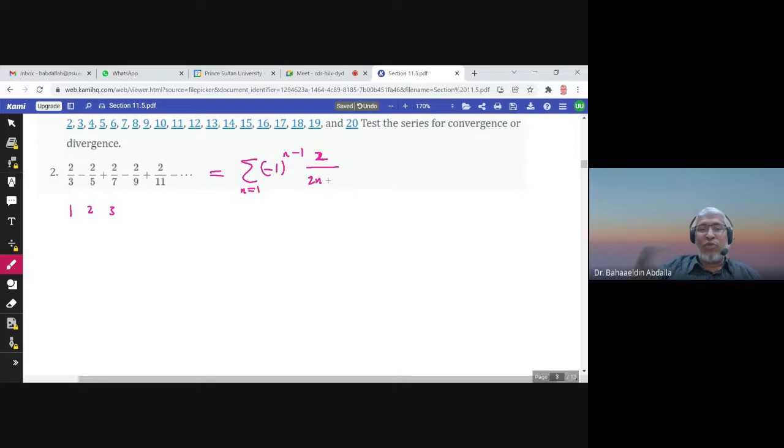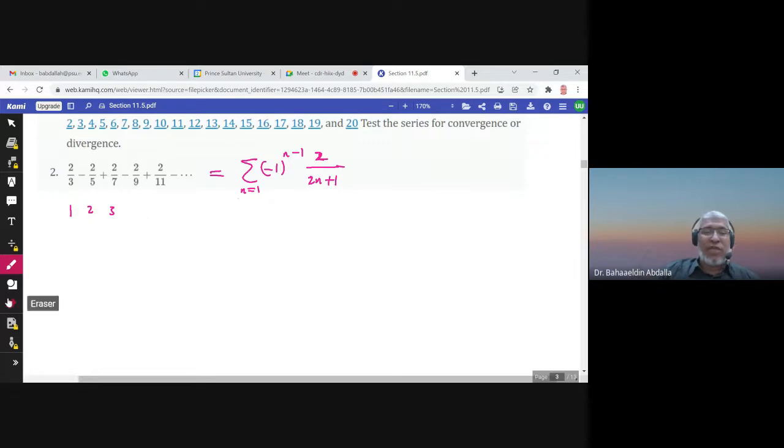So I need to put 2n plus 1. Now if n is 1, the first term would be 3. If n is 2, the second term would be 5, and so on. So if the difference is 2, you write 2n and then find out whether it's 2n or 2n plus 1 or 2n minus 1 or whatever.